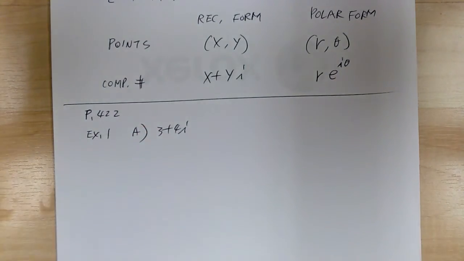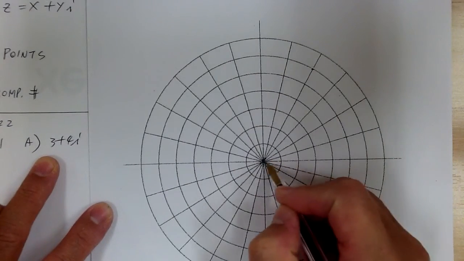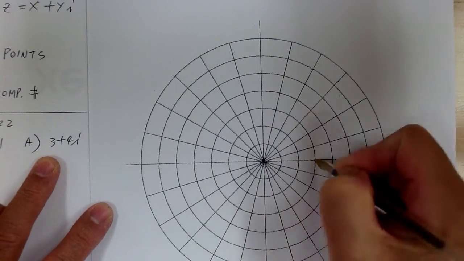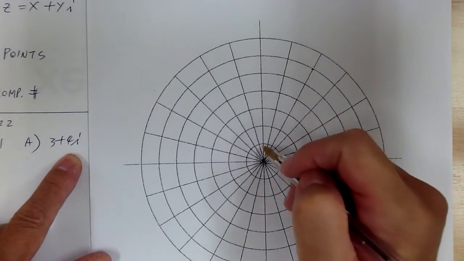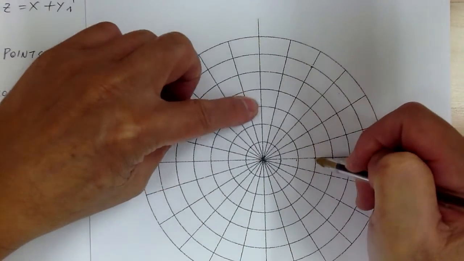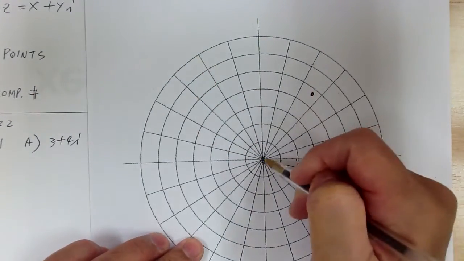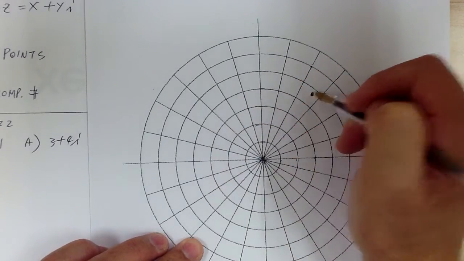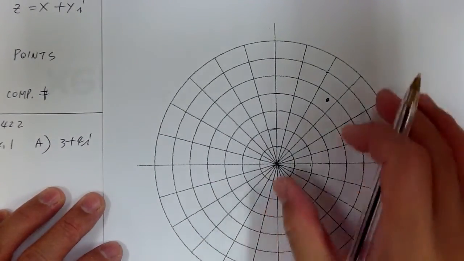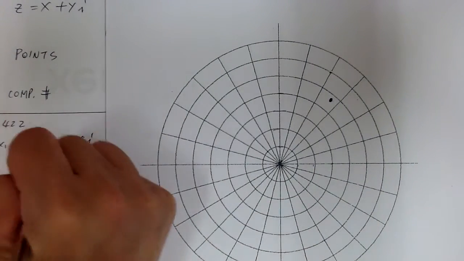When you plot that, you go 3 in the x direction, so from here you go 1, 2, 3, and then 4 in the y. So i is the y direction, so 1, 2, 3, 4. So it'd be right over here, right? You go 3 this way, 4 this way. Because this is a polar graph, it's harder to graph the rectangular on a polar graph.